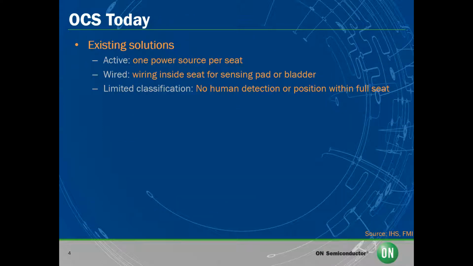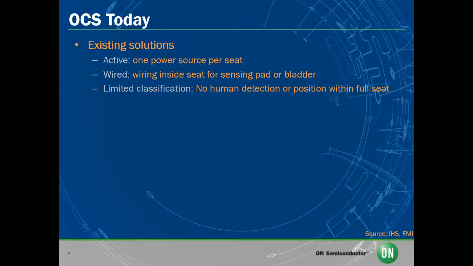Now, to get into what OCS looks like today, many current solutions utilize active sensing, therefore requiring a power source for each seat to be active at all times that the vehicle is on. Many current solutions are also wired and attach each seat to the vehicle itself. You can see how this causes issues when you would like to remove a back seat for storage purposes.